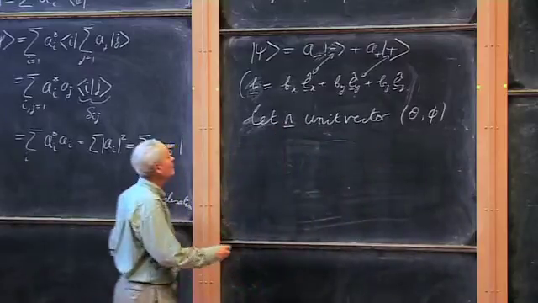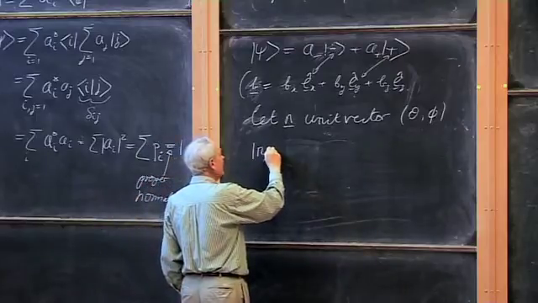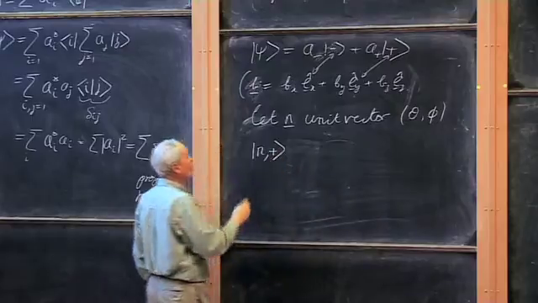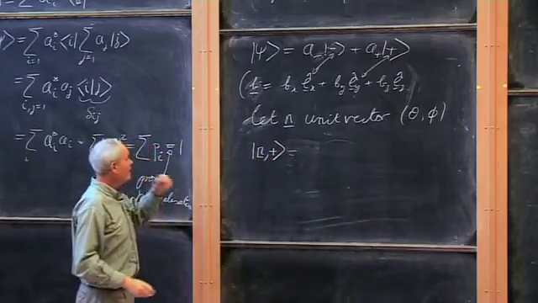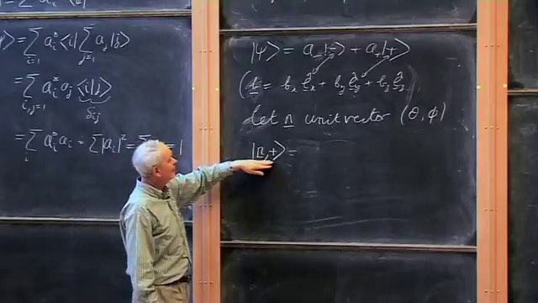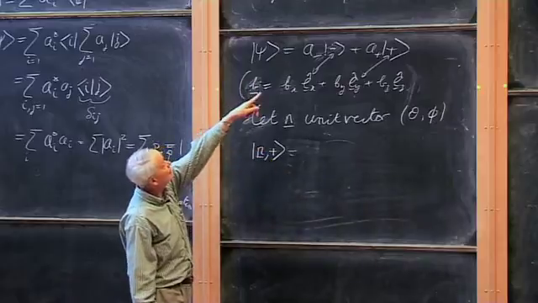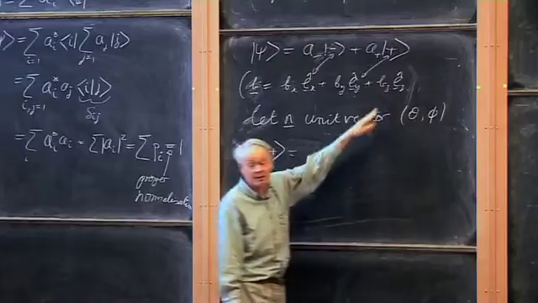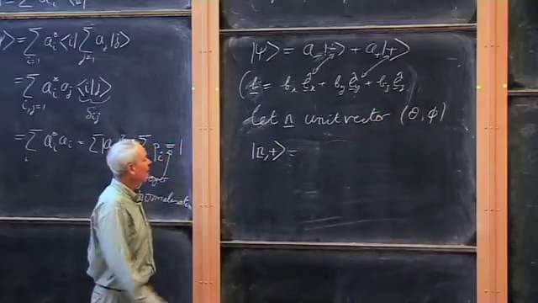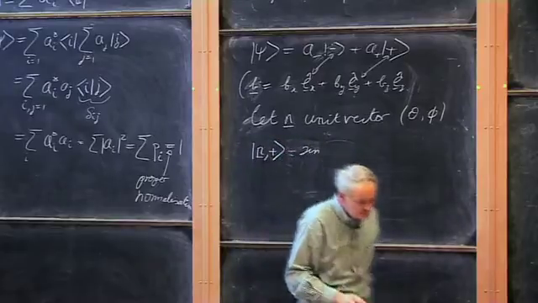Then I make the following assertion: the state of being plus along the vector n is a state of my electron. So if it's true that that's a complete set, it must be writable as a linear combination of this state and this state. And I'm now going to say that that is sine, I'd better just check that I'm getting this right.